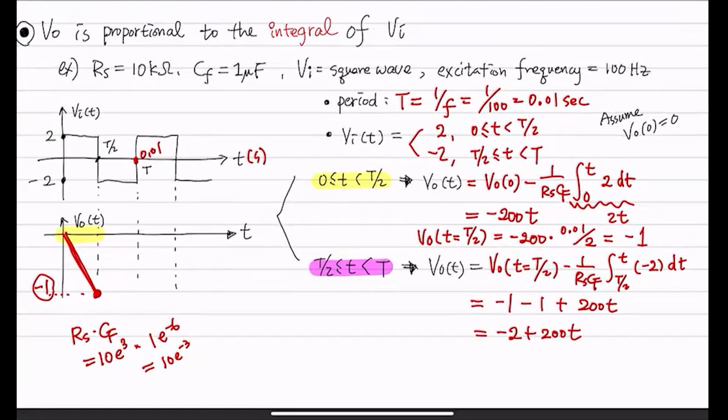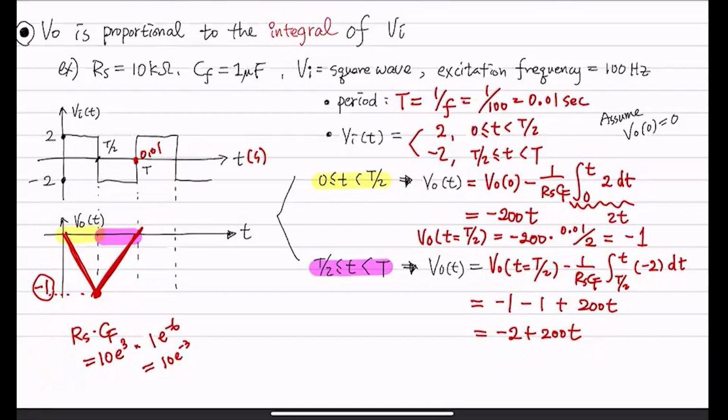So for this time period, from half of your period to 1 period, your output is going to look like this. It has a slope of 200, but it starts from the intercept of negative 2. You see? It starts from negative 2, and it has a slope of 200, intercept negative 2, right?